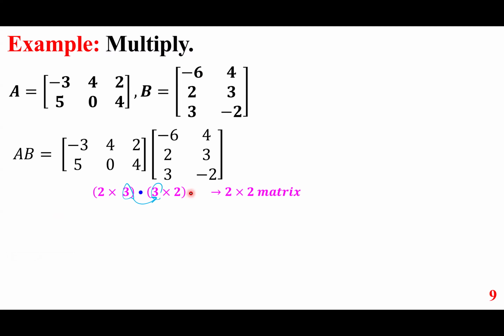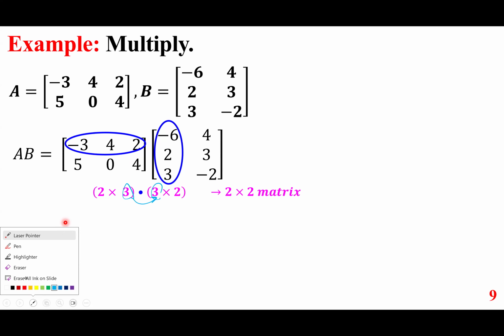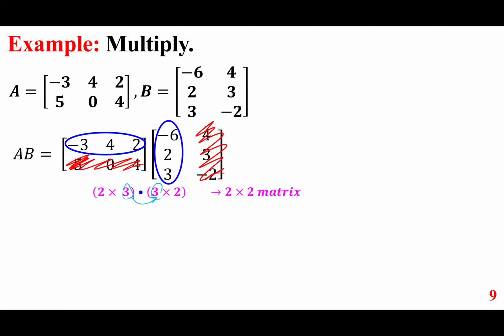So we are going to multiply the first row by the first column. In other words, you can even ignore this. This doesn't exist for now. And therefore, this doesn't exist. So multiply those two: -3 times -6 plus 4 times 2 plus 2 times 3. That's it.